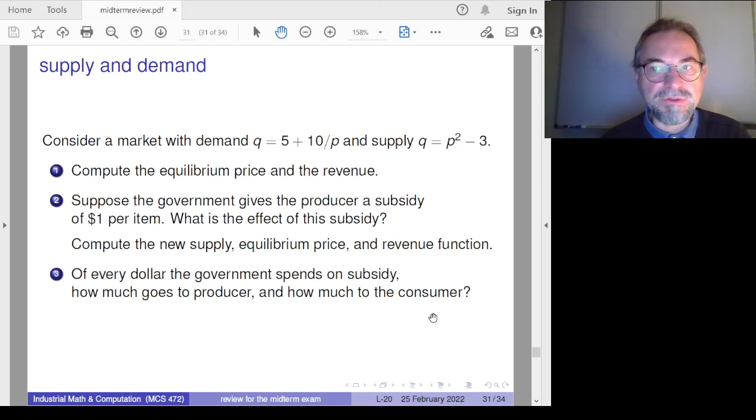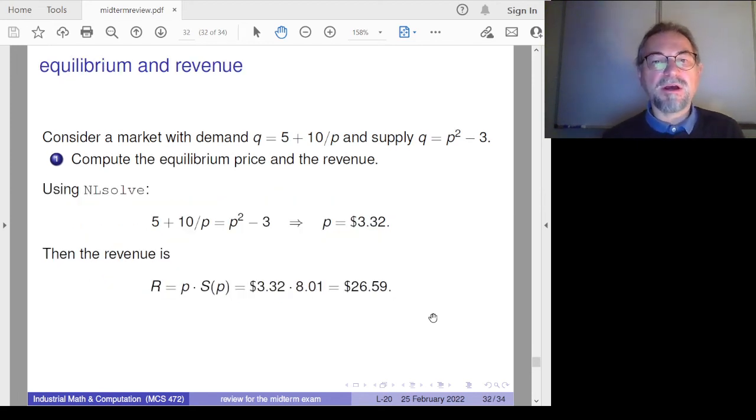And the consumer will also benefit from this. So it might even be that, percentage-wise, the consumer benefits more.